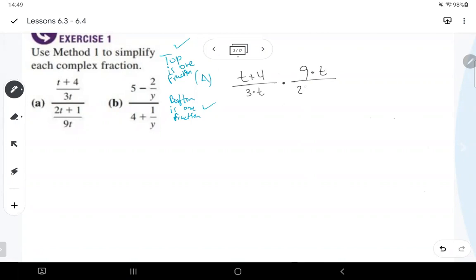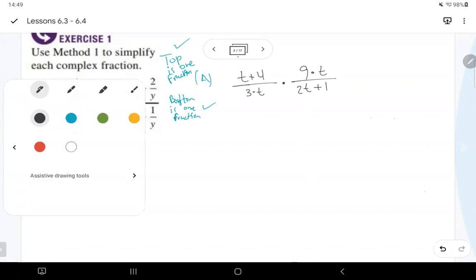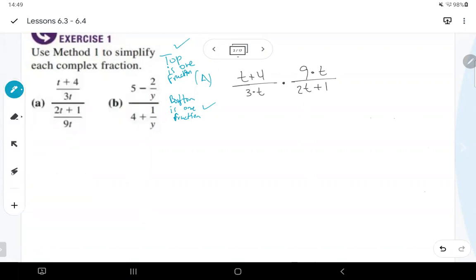And then we can't pull anything out of the bottom, the 2t plus 1, so we're done there. 3t goes into 9t 3 times.